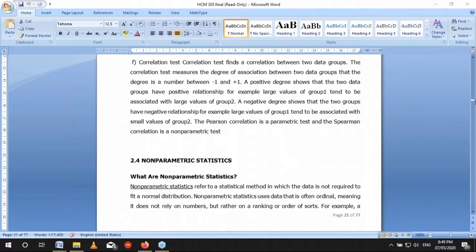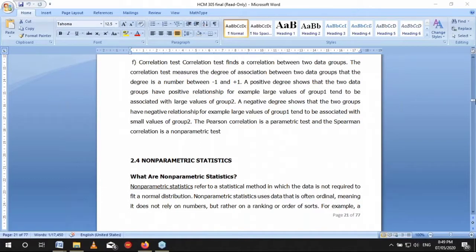Now we want to look at correlation coefficient. There's a difference between correlation and correlation coefficient. Correlation coefficient is an index of the extent to which two variables are associated.